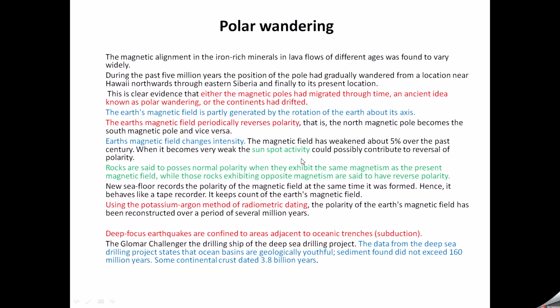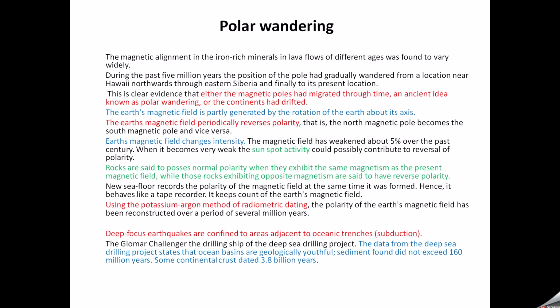So polar wandering: the Earth's magnetic field is generated by the rotation of the Earth about its axis. Okay, and the Earth's magnetic field periodically reverses polarity. Also, the Earth's magnetic field changes intensity and weakens over time.